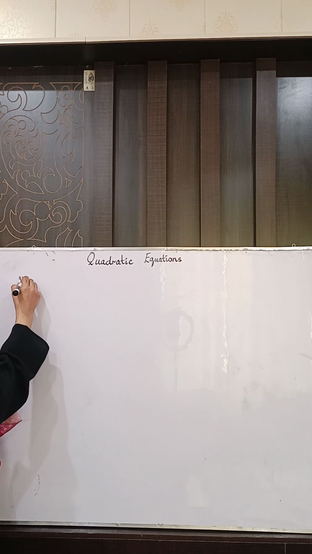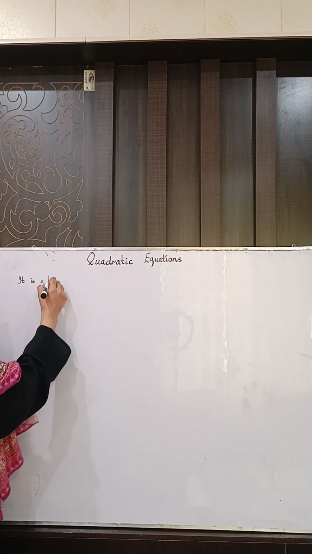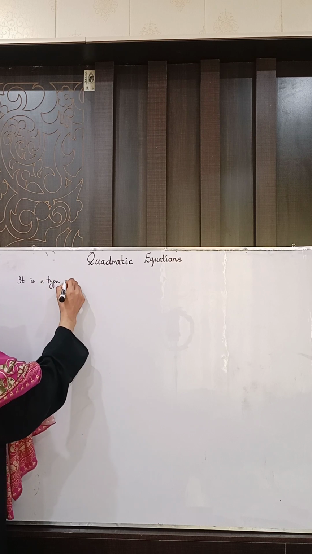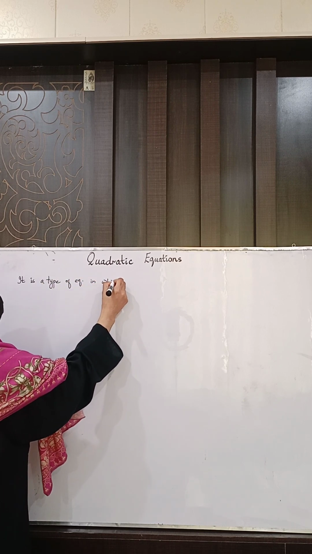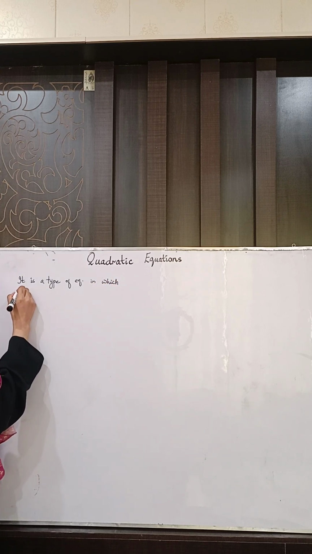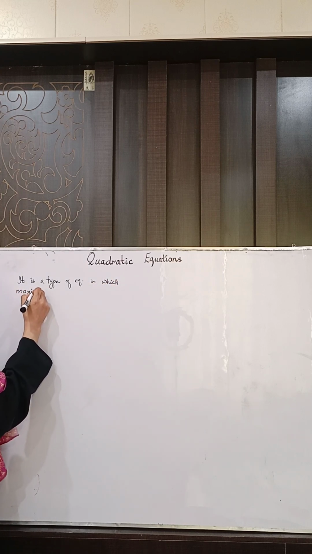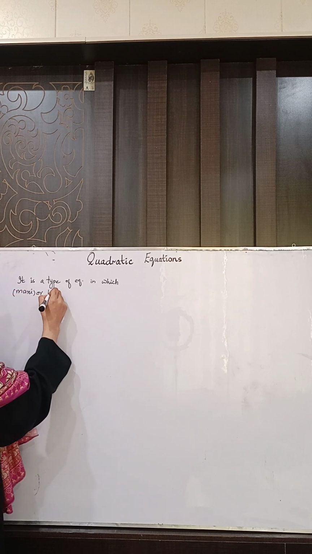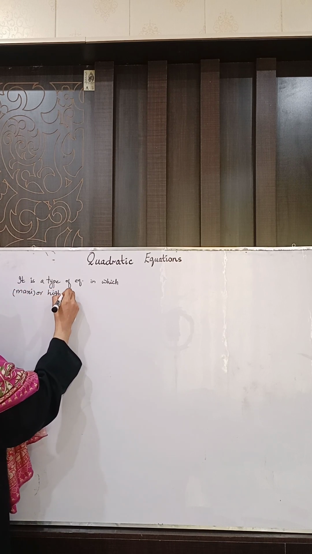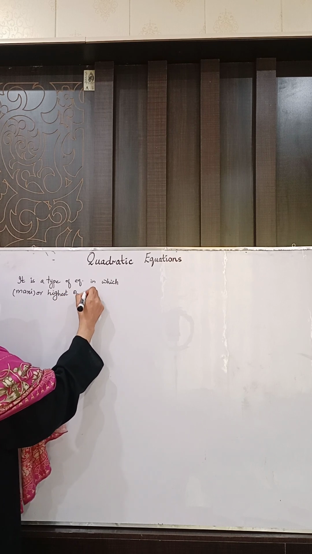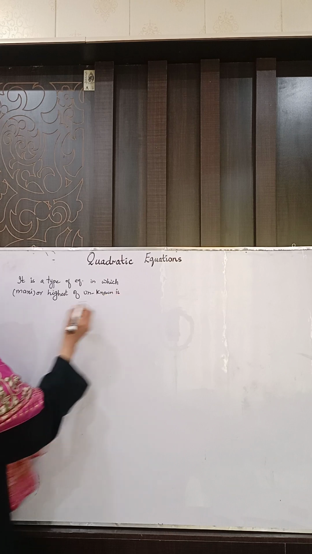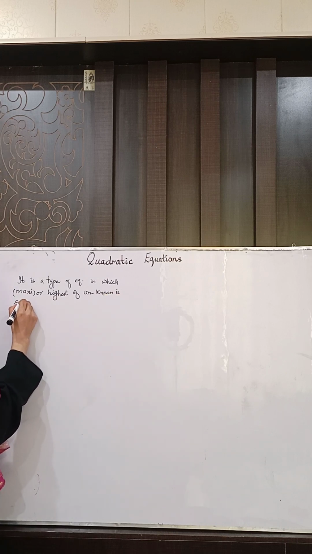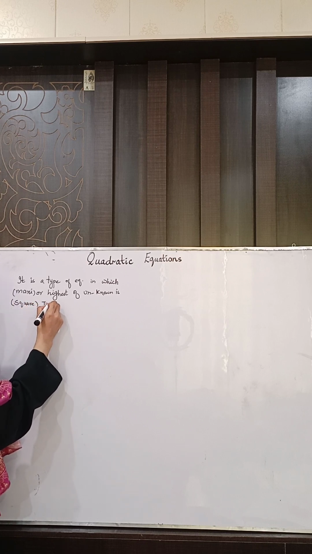It is a type of equation in which the maximum or highest power of the unknown is square, that means 2.